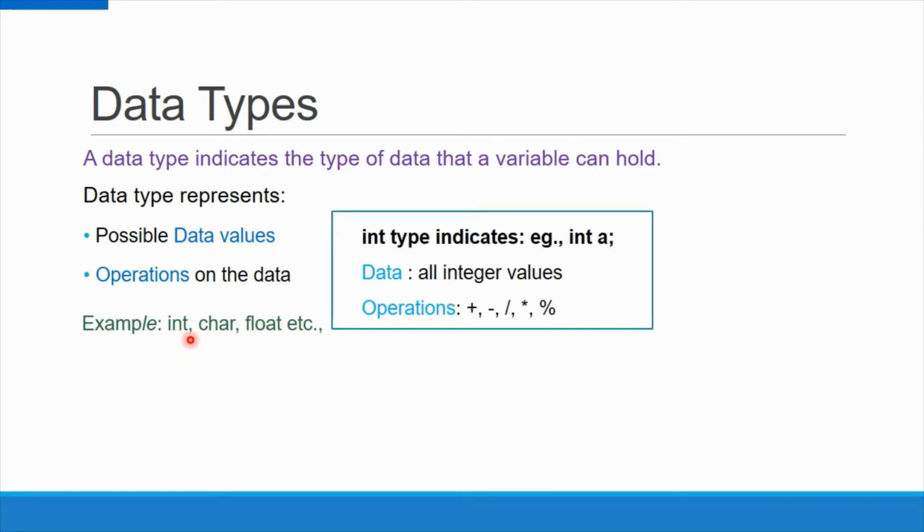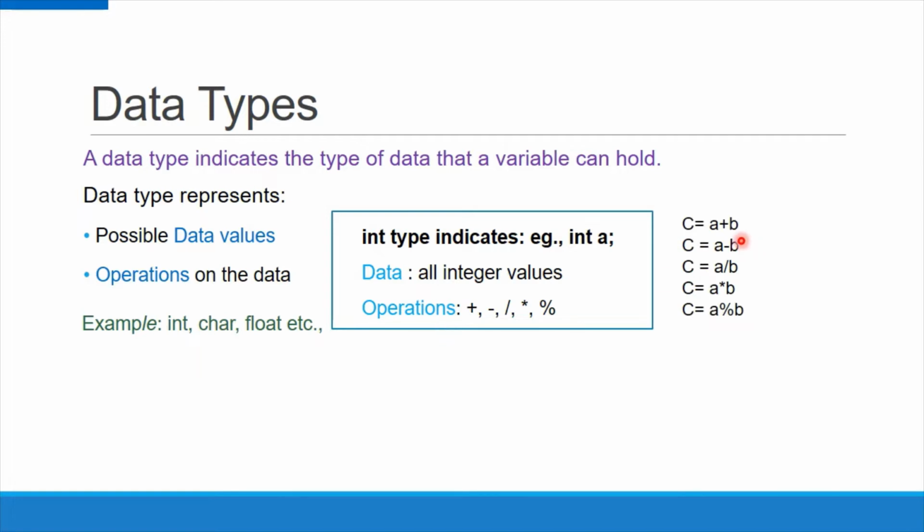Let us consider this integer data type. Here, as I told you, it represents two things, data value and operation. With this int data type, we can store all integer values like 10, 20, 100, 1000, 10,000, like that. And next is operations.